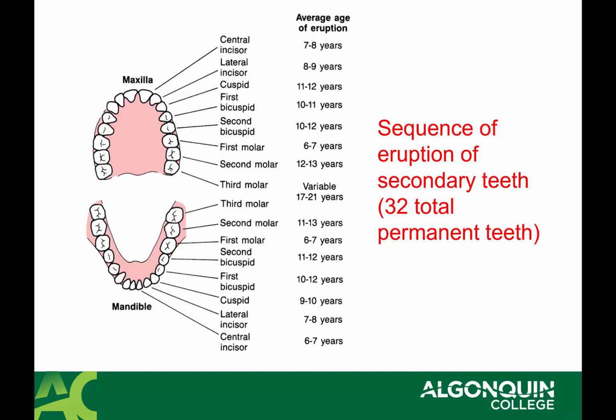This is the sequence of eruption of the secondary teeth, when they're expected to come in. I can automatically guess, based on previous questions, that someone's going to ask, do I need to memorize that? You need to have a good idea when these things come in, but look, they come in a pattern. The youngest ones are the ones that are central.